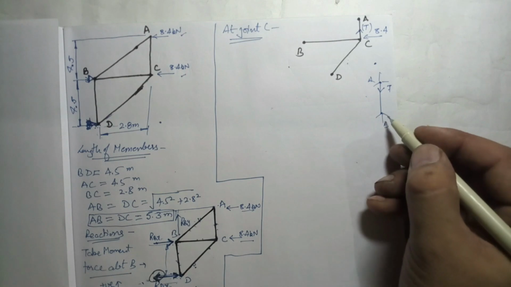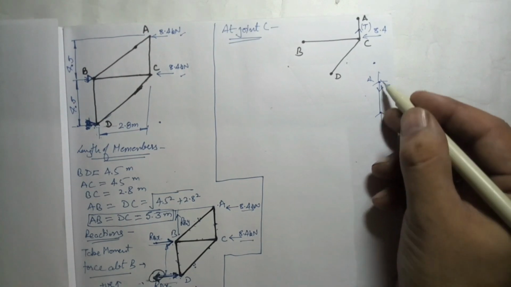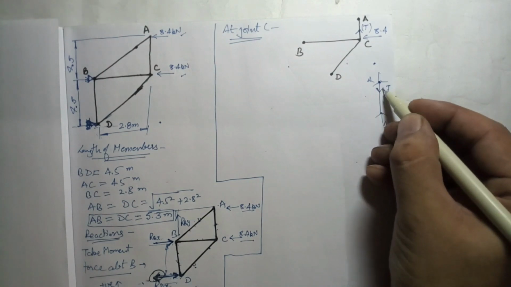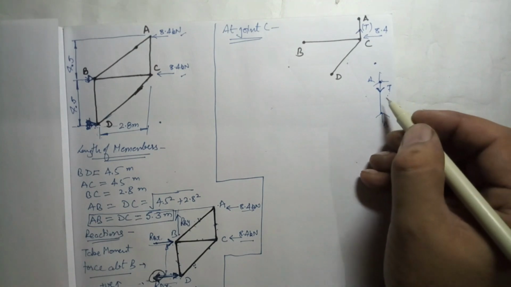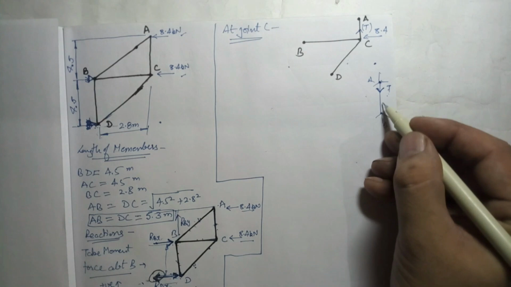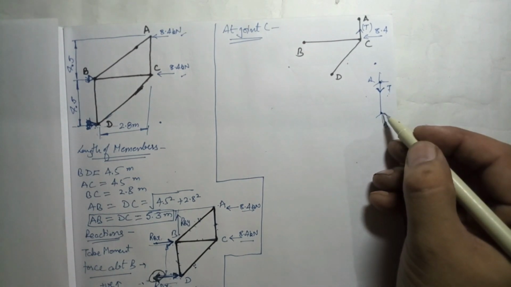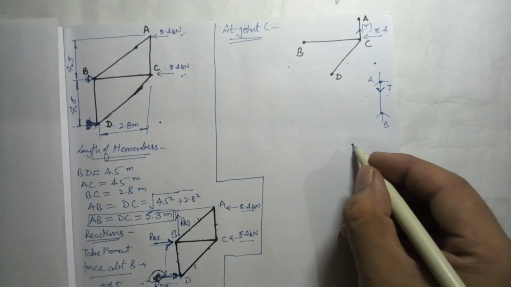The same tension will be for joint B also, and the same tension for this member also. So if you are calculating it for a joint, that magnitude and that nature, tension, will be applicable for the member also, and for the other joint with which the member is connected. I'll discuss that so that you can understand it better.